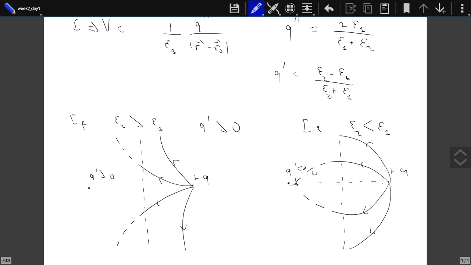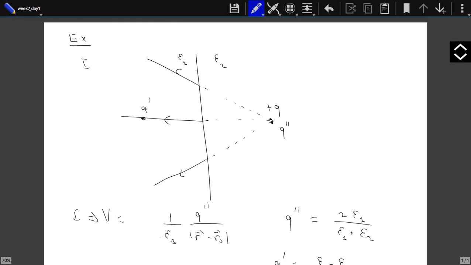So the electric field lines will look something like this, in region 2. And then I just combine the two.